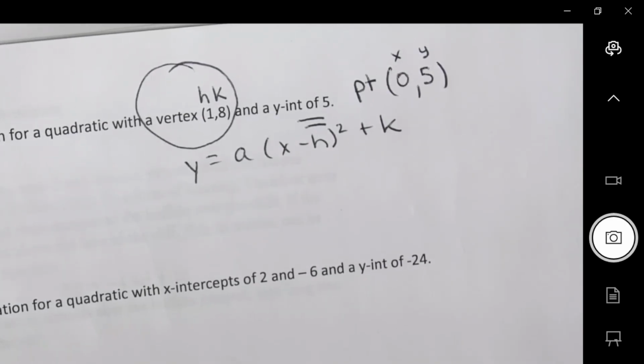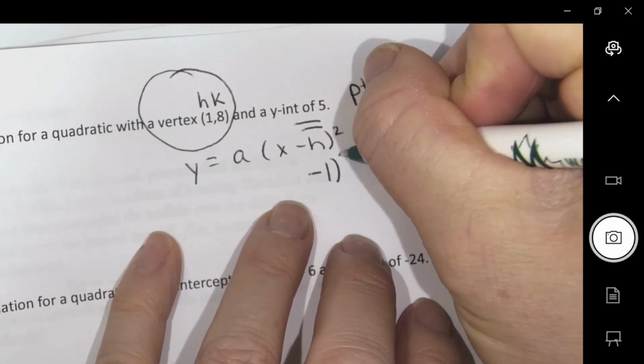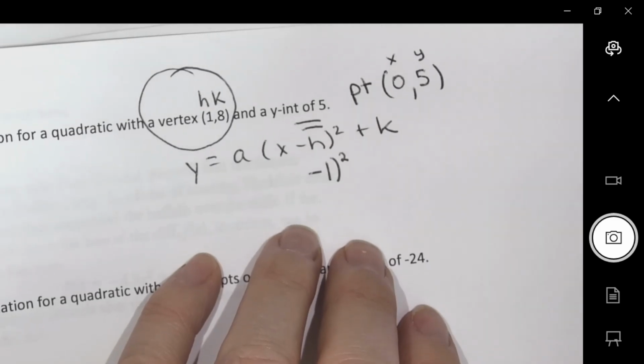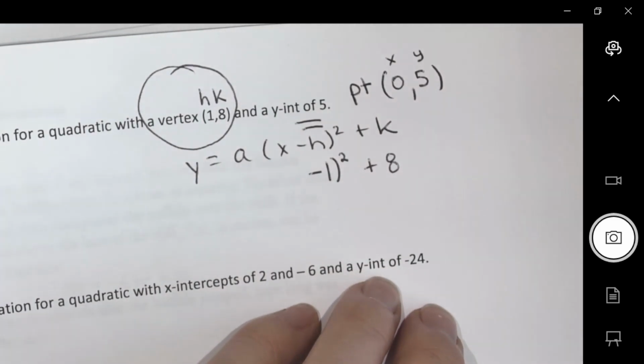I'm going to plug the 1 and 8 into the h and k. So this will be a -1 because it has to go in opposite because it's a subtraction. So whatever you have, write the opposite. And in the k position, whatever I have, I write the same.